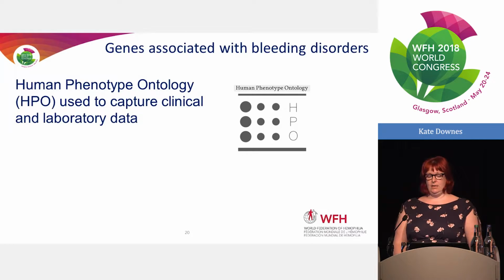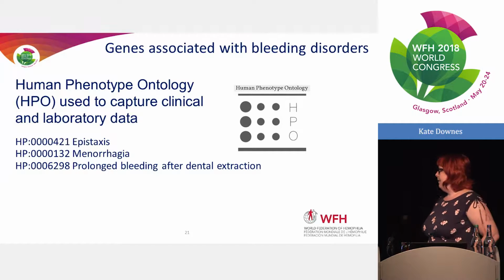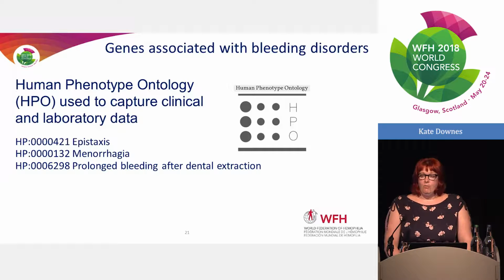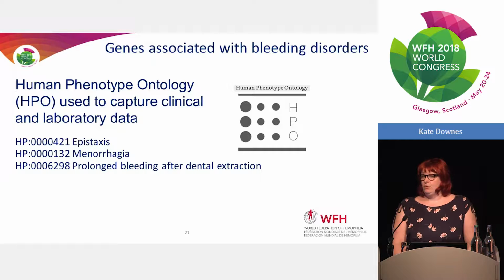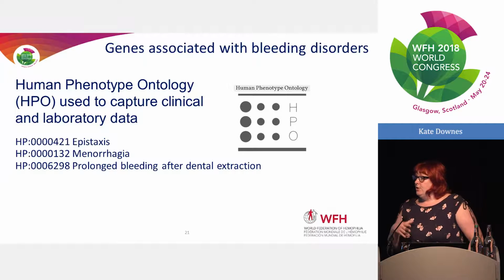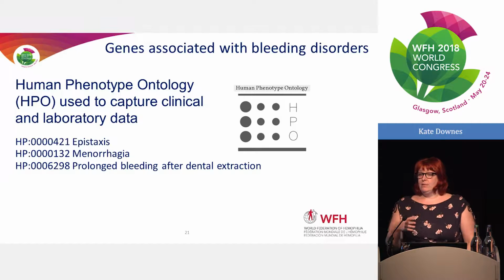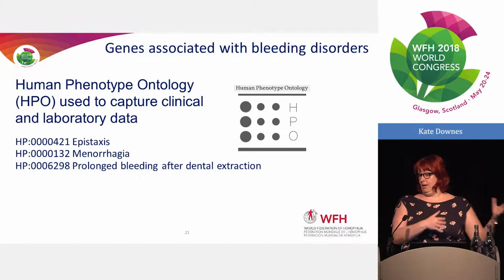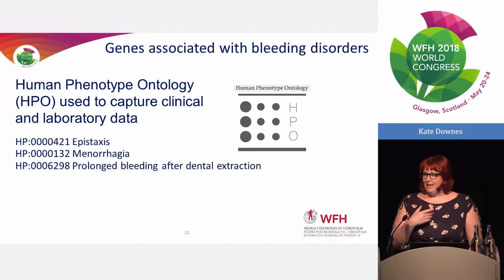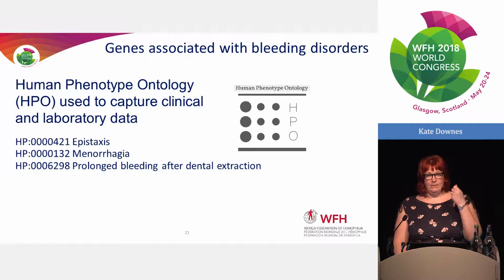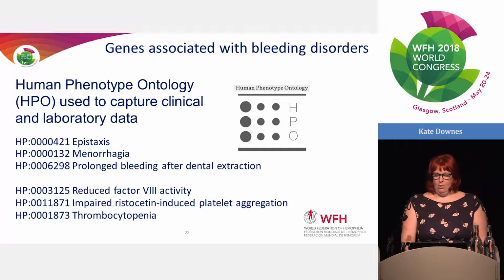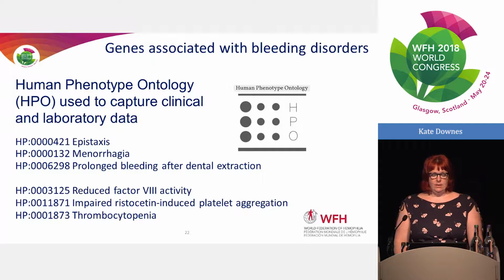For clinical data, for example, we have epistaxis as a term, menorrhagia, and prolonged bleeding after dental extraction. So not only is this useful at the time, as it allows us to turn a text term into a computer term, but it also allows me to go back into the database and pull these people out very easily. We also have lab data terms, so reduced factor 8, thrombocytopenia, for example.